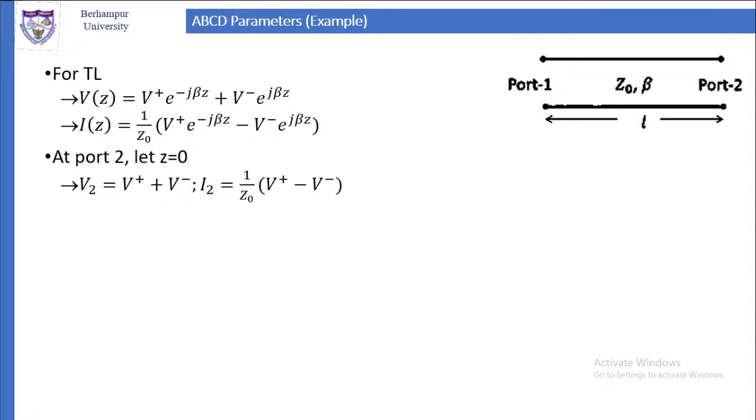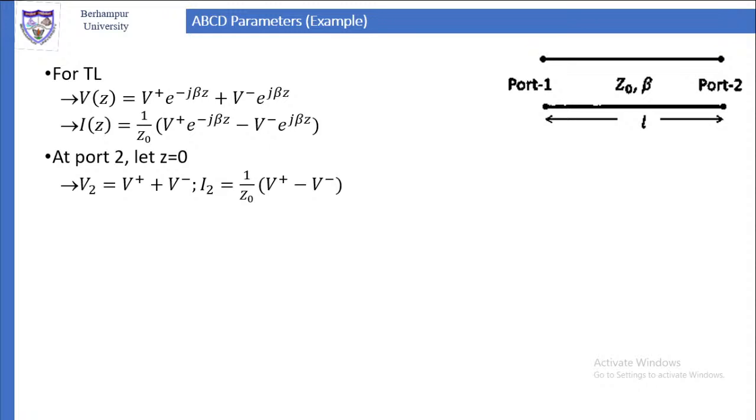It is the position. So reference point is at port 2. If at port 2 z is equal to 0, then V2 is the voltage at port 2. So V2 is equal to V plus plus V minus. From the first equation, you put z equal to 0, and at z equal to 0 voltage is V2, so left side becomes V2.